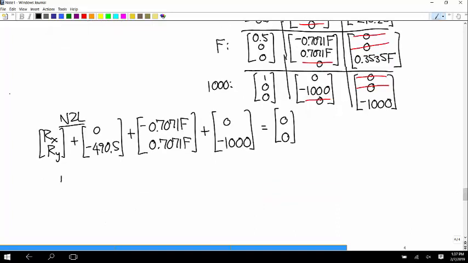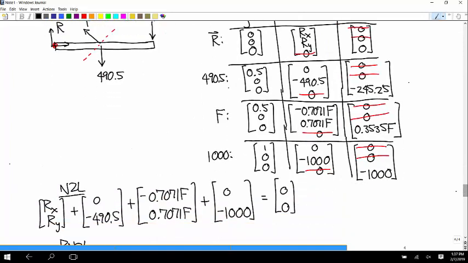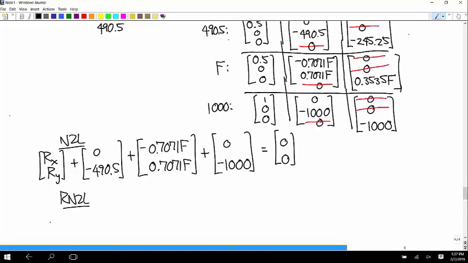And then the moment equation says negative 245.25 plus 0.3535 F minus 1,000 is equal to 0.